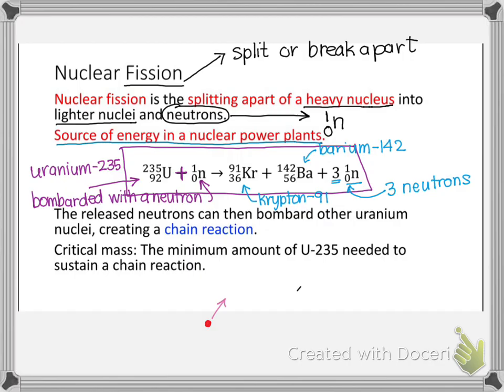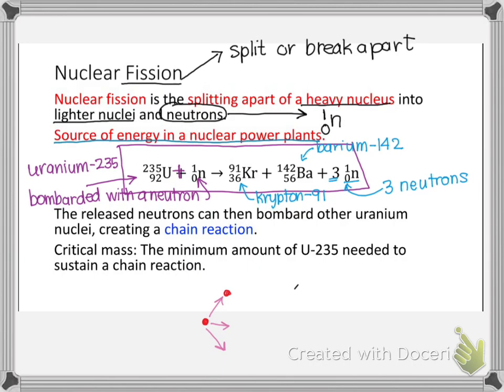Now those 3 neutrons can react with 3 more uraniums, my little red dots. Then each one of these would produce 3 more neutrons.